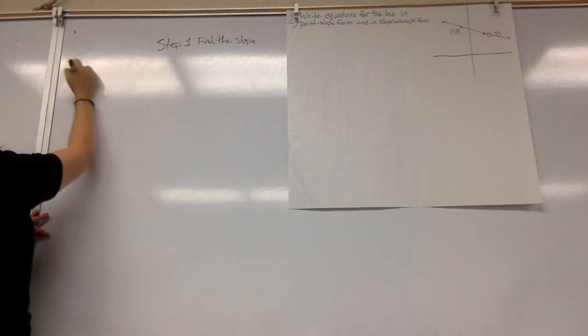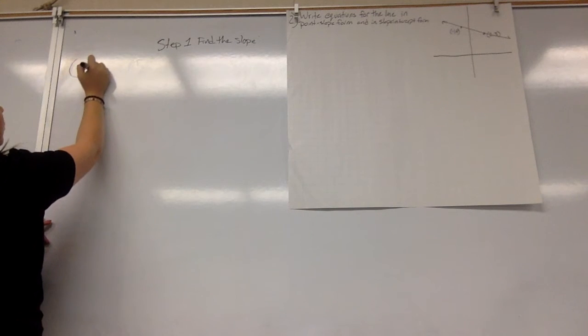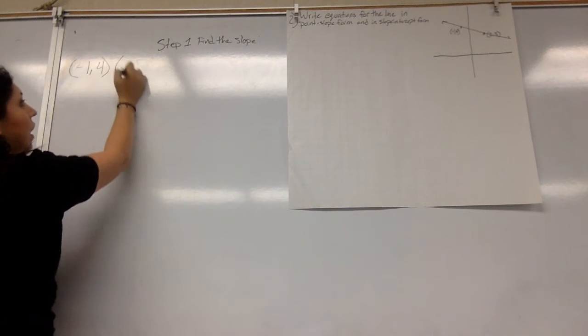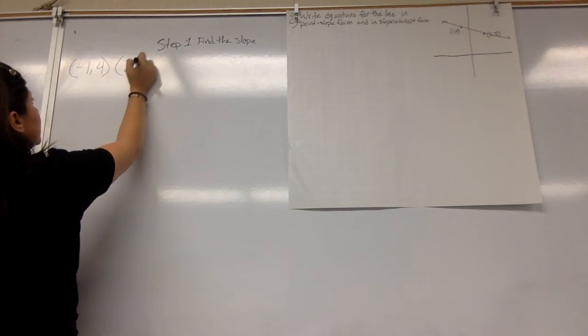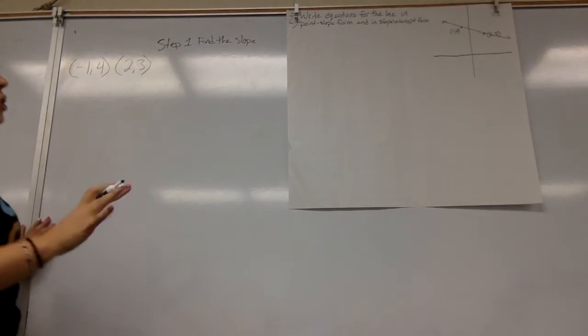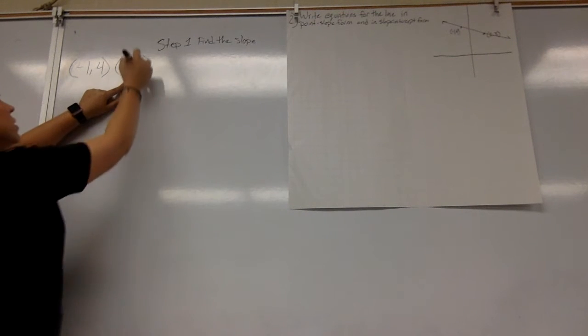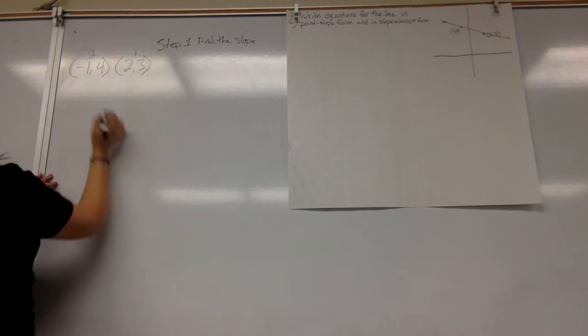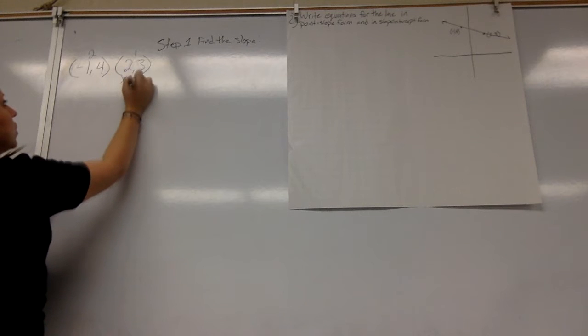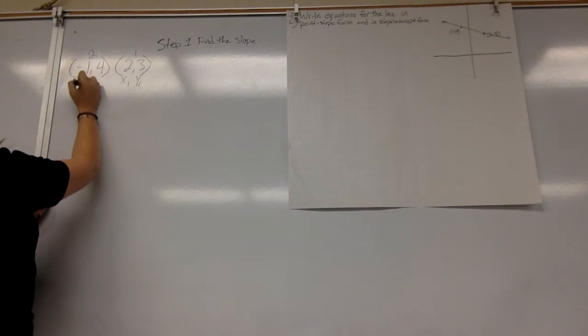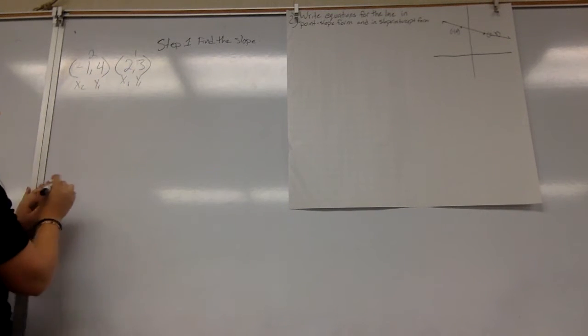So we have our 2 points again. So we have -1 and 4. And we have 2 and 3. And just to change it up, this time I'll make this one 0.1 and this one 0.2. So this is x1, y1, x2, y2.